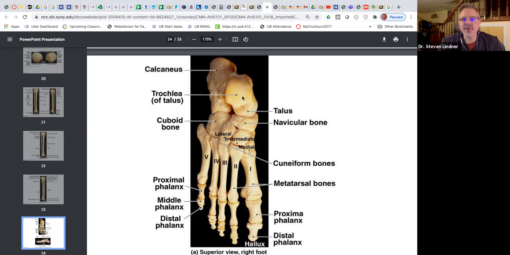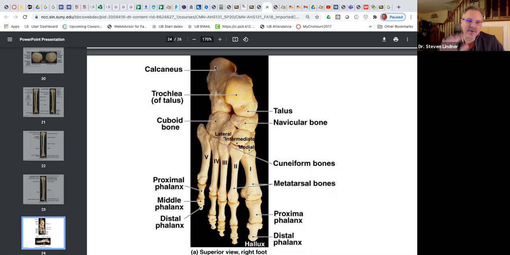But let's look at it a little bit differently. The superior bone, the highest up, that makes the ankle joint, it's going to articulate with the medial and lateral malleolus. That's the talus bone. And the trochlea of it is going to attach to the fibula and tibia by way of the medial and lateral malleolus. The most inferior bone is the heel bone, right? That's your calcaneus.